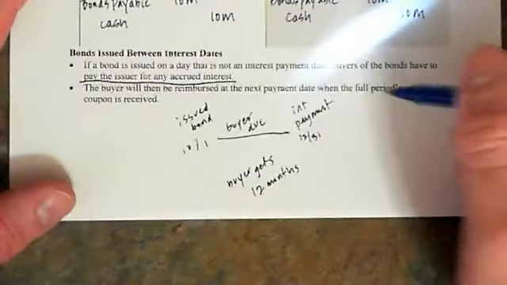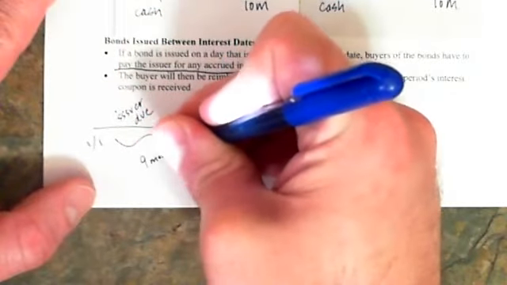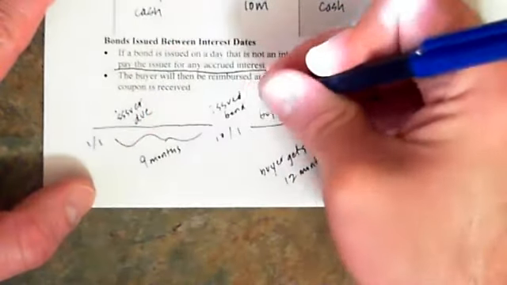So therefore, in order to net this out correctly, the buyer then has to pay the issuer 9 months of interest up front. The buyer's due 3 months of interest.